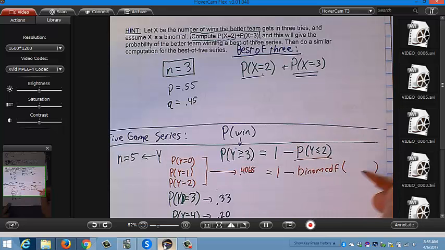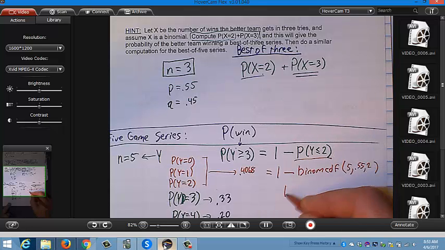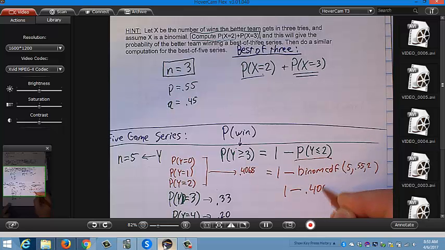So it was binomial CDF of 5, 0.55, and 2. Then 1 minus 0.4068 is about 60%. I think it's 0.5932.